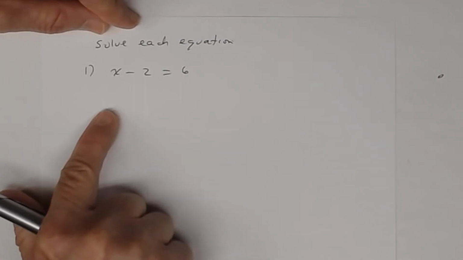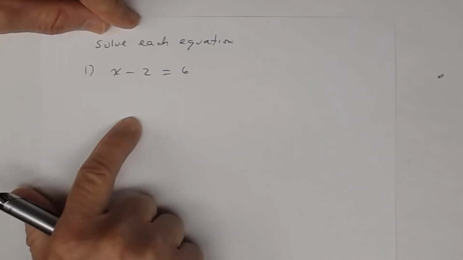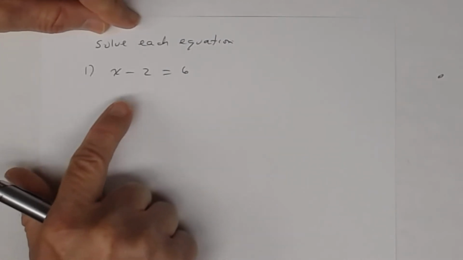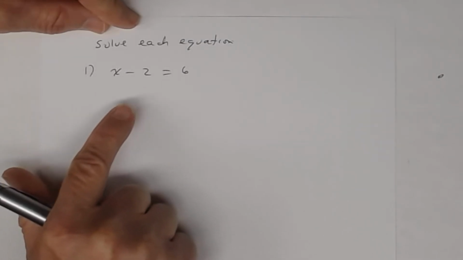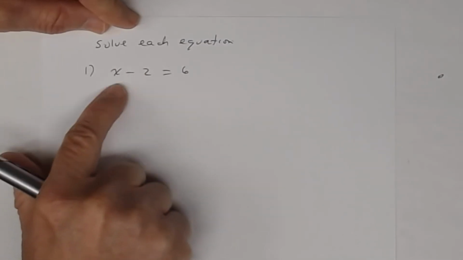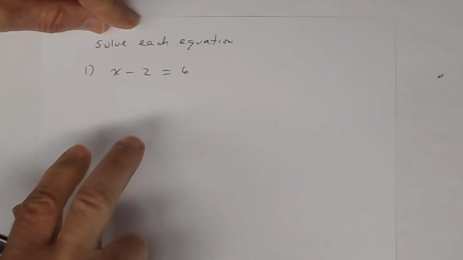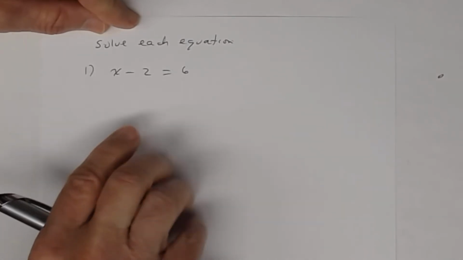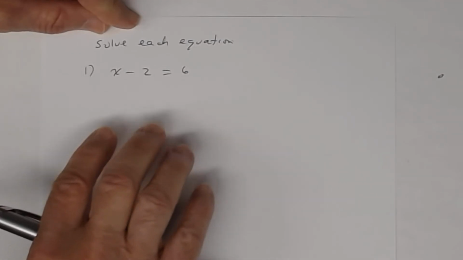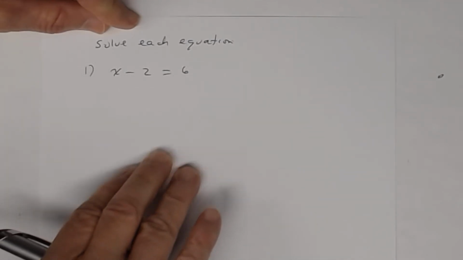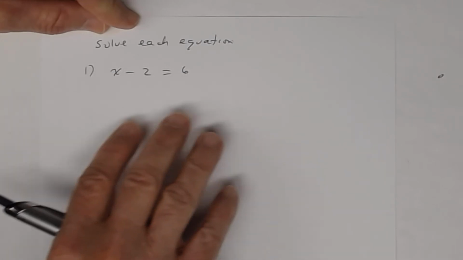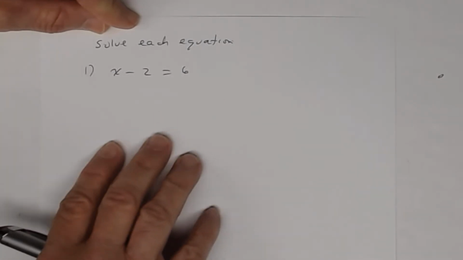So when we do the work, you'll get x to be 8. But if the direction says show work, you got to show work. I know mentally you can look at this and determine what the solution is, but you got to show the work because you got to practice those properties. The whole point of this lesson is to practice your properties, know how to use those properties mathematically.